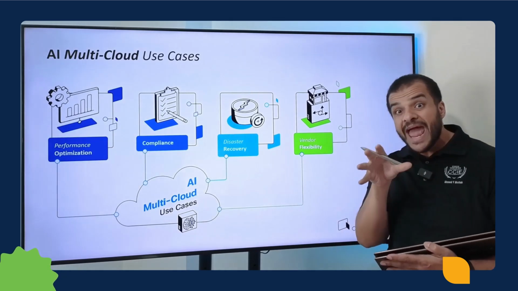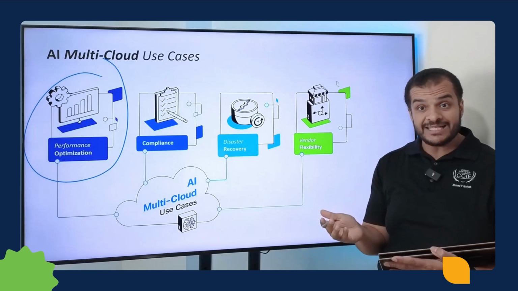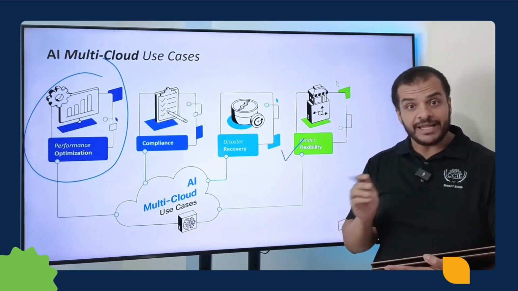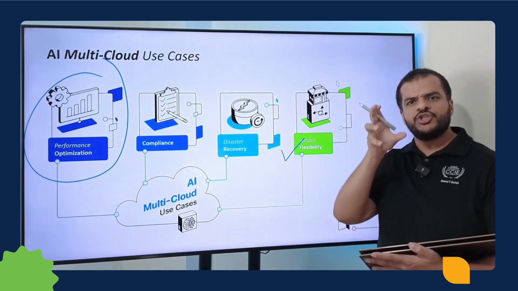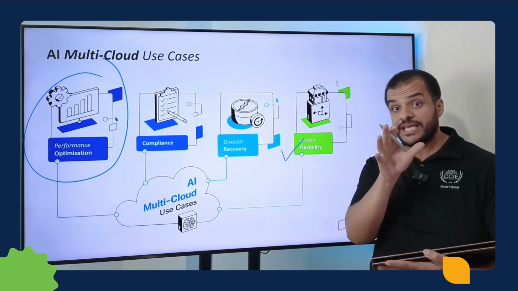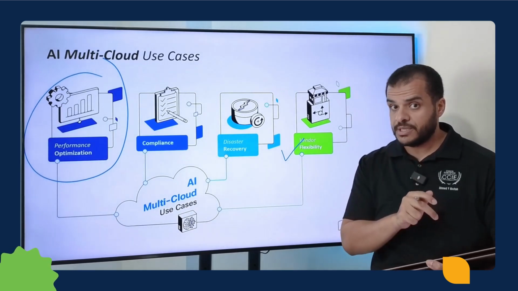By mixing and matching, you can optimize performance, cost, and latency as well. Plus, this flexibility lets you meet the compliance requirement by choosing providers with data centers in specific regions, keeping your data in check with local regulations.